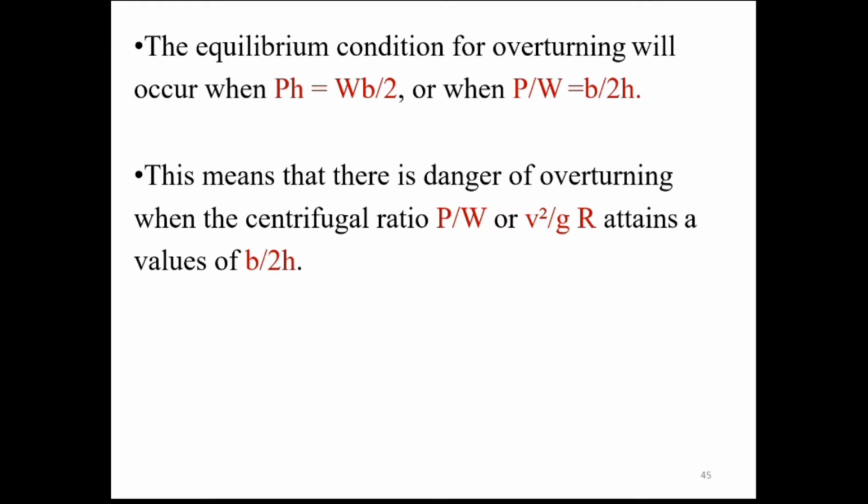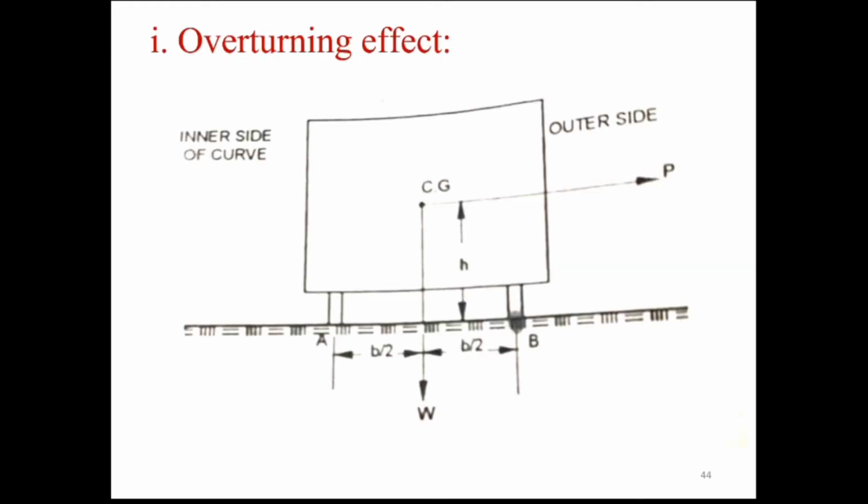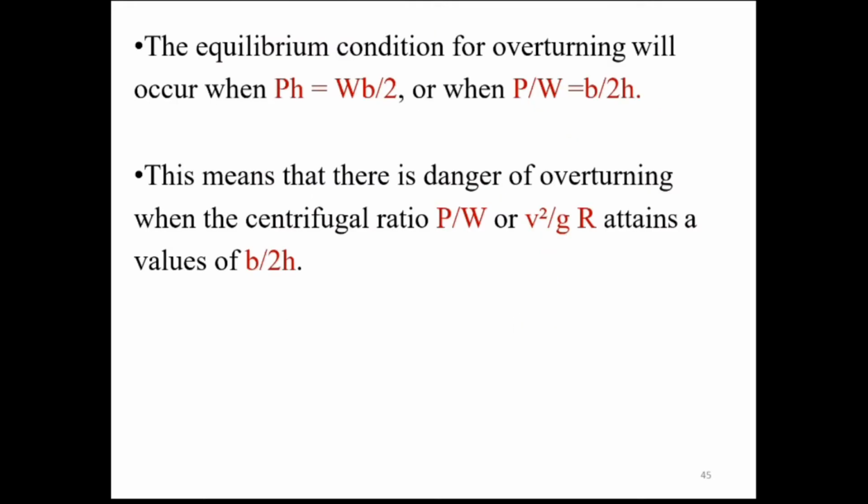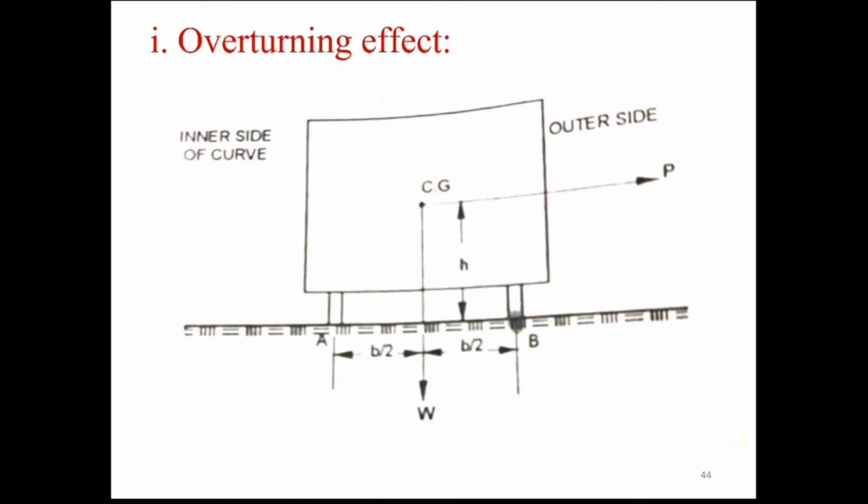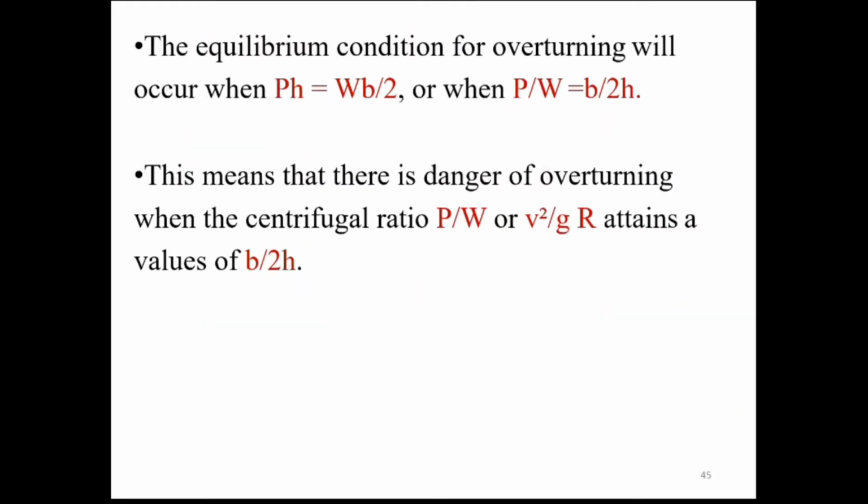That is the moment taken at the wheel B. Now this means that there is a danger of overturning when the centrifugal ratio P by W, or V² / (g R), attains a value of b by 2h.